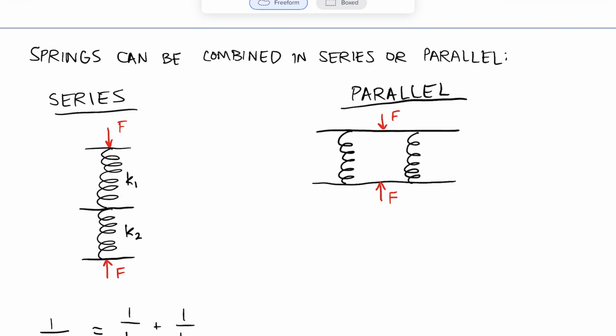But now, since they're combined in parallel, these 2 springs, K1 and K2, are going to have the same deflection. So the force is splitting between these individual springs. And so to find the total spring rate for these 2 springs, we simply add them together.